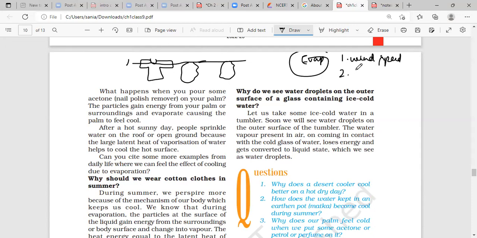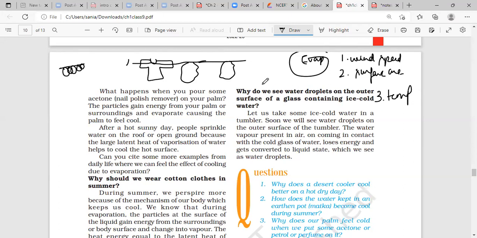Second is surface area. For example, here you are keeping all the clothes congested and here you are keeping them with a little gap. With surface area, what will happen? Evaporation will increase or decrease? Increase. Okay.